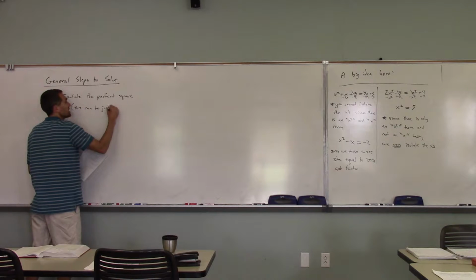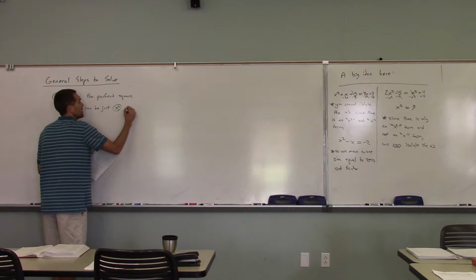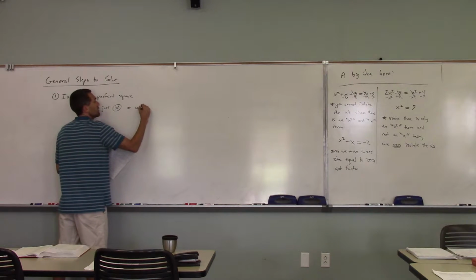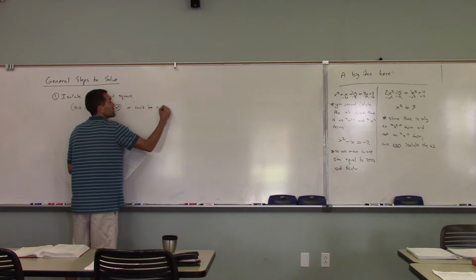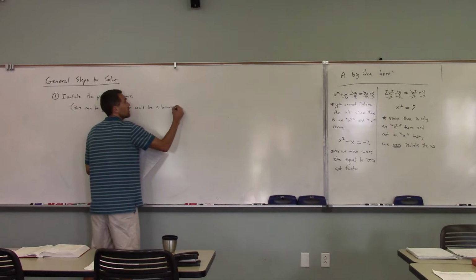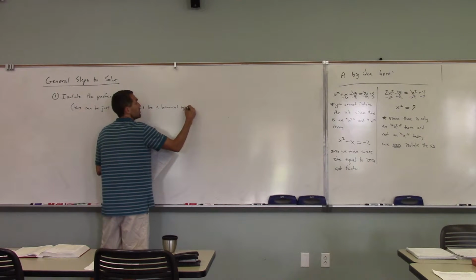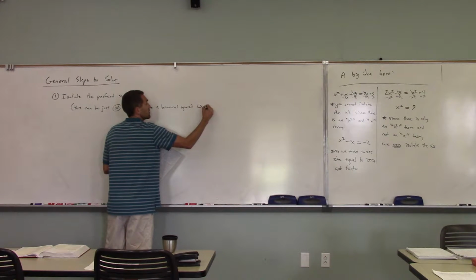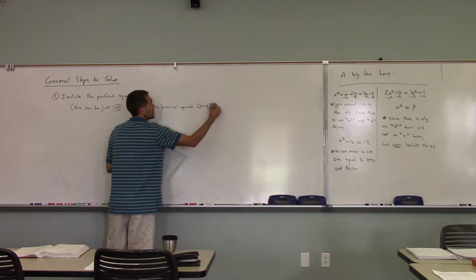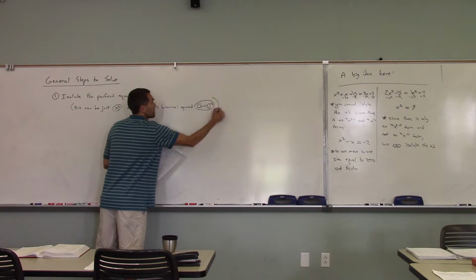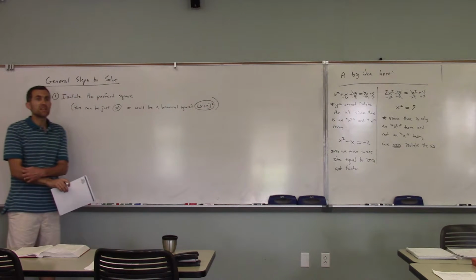This can be just x squared, or could be a binomial square. Whatever the perfect square is, get it by itself.